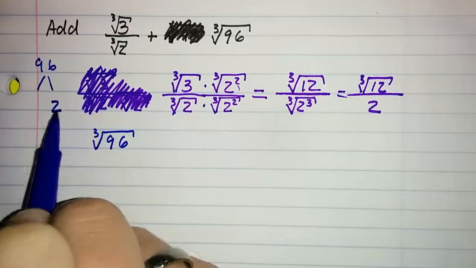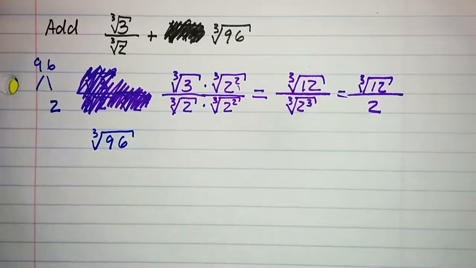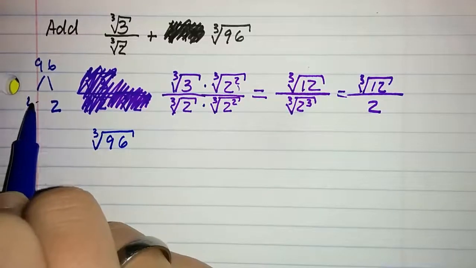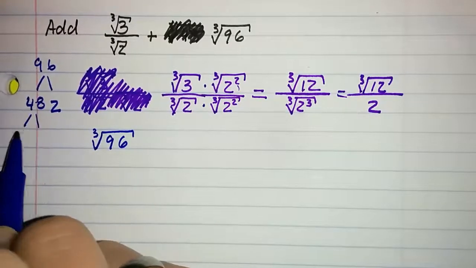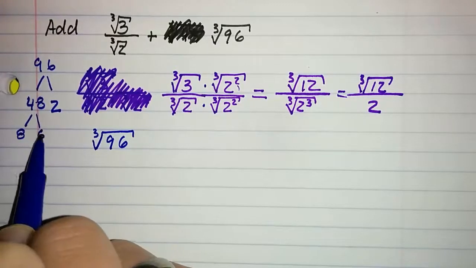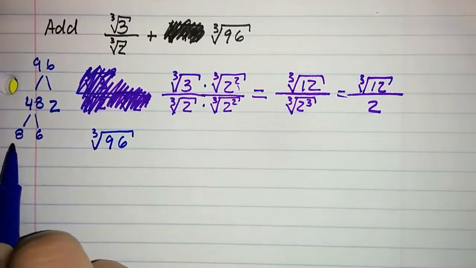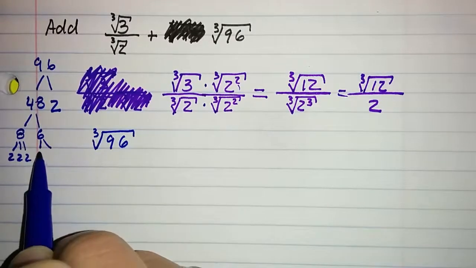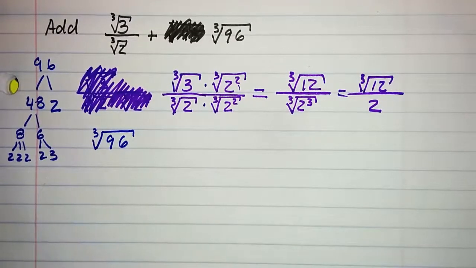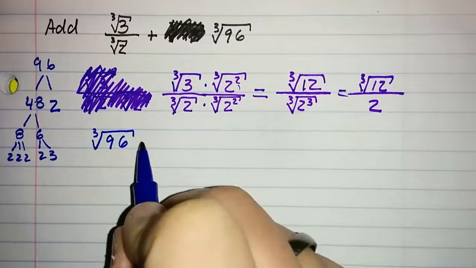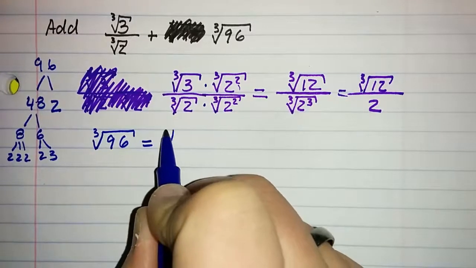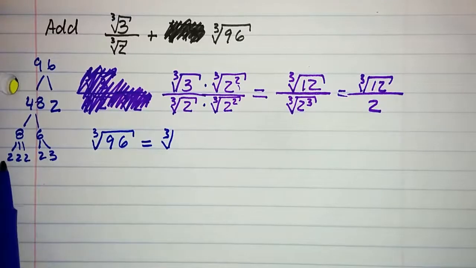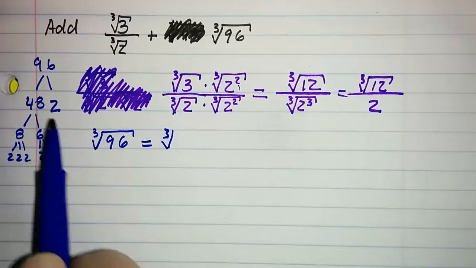This other expression, cube root 96, I'll factor into primes. Gosh, well that's an even number. It's 2 times 48. 48 is 8 times 6. 8 is 2 times 2 times 2. And 6 is 2 times 3. So let's see. How many 2's have I got? 1, 2, 3, 4, 5.